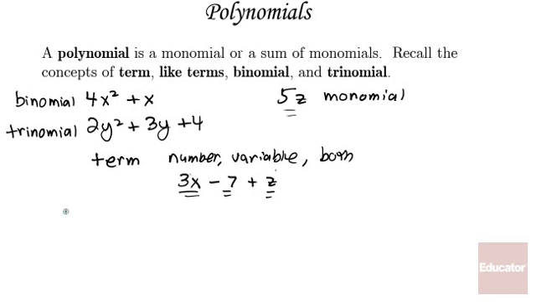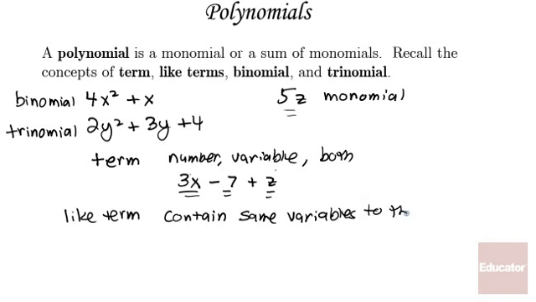The concept of like terms is very important because like terms can be added or subtracted. Like terms contain the same variables to the same powers. For example, 1 and 6 are like terms.